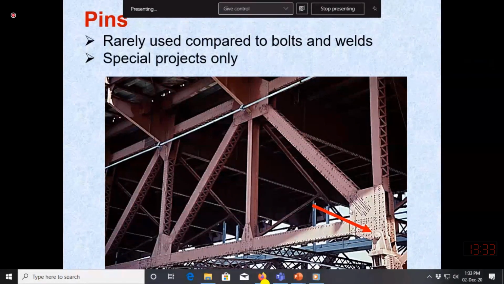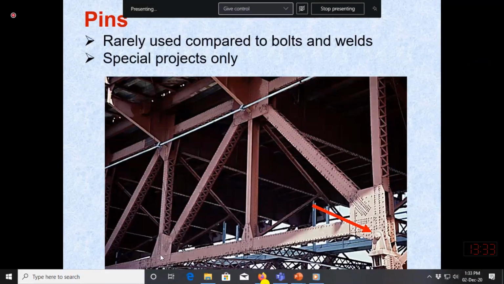So we are interested in what would be the diameter of the rivet and how many rivets are required, and then we decide what would be the placement pattern, what would be the gap between them, whether we need to provide them in two rows or one row along the length, at any cross section maybe four. So this is the gusset plate. One member is not directly connected with the other member, rather it is connected with the gusset plate, and the gusset plate is connected with the other member.